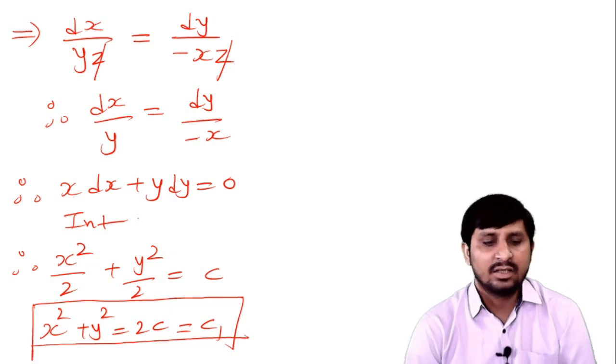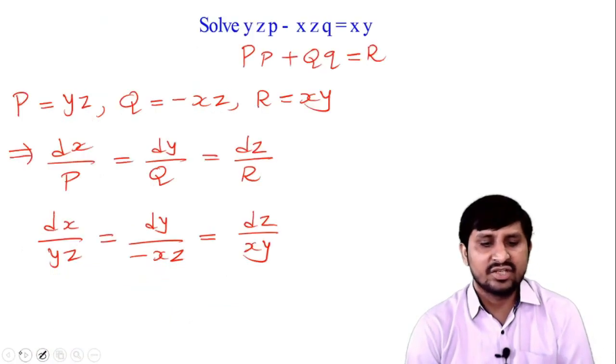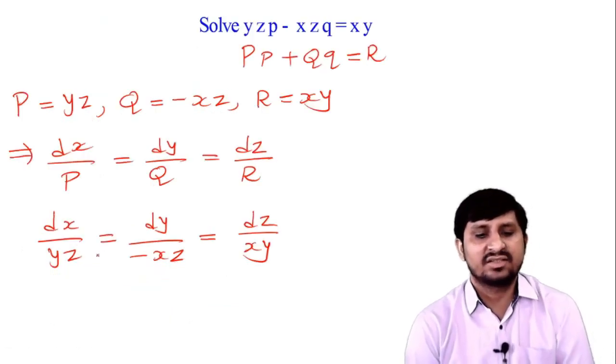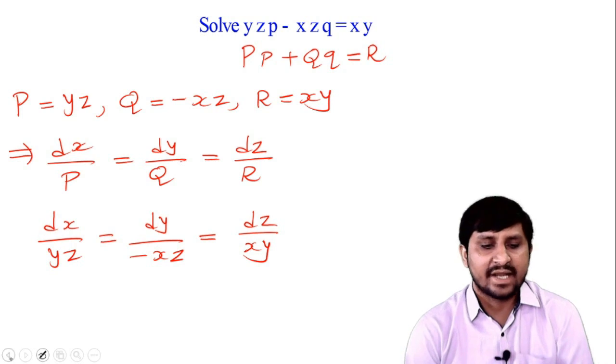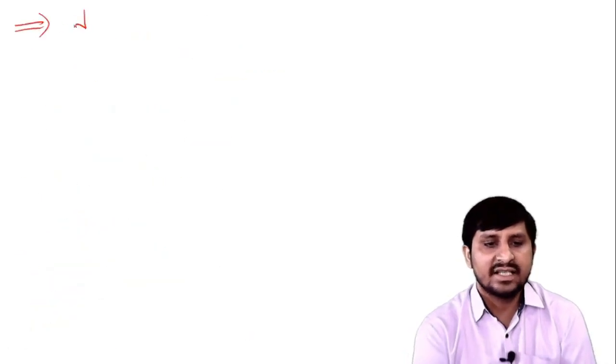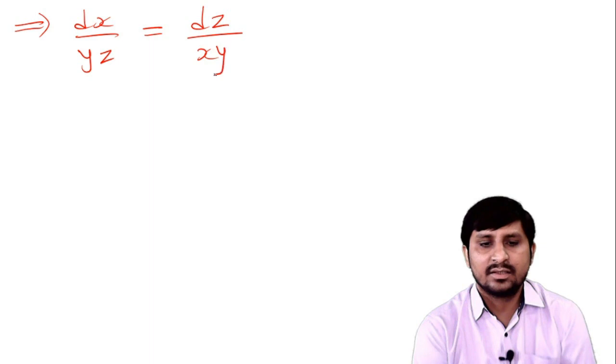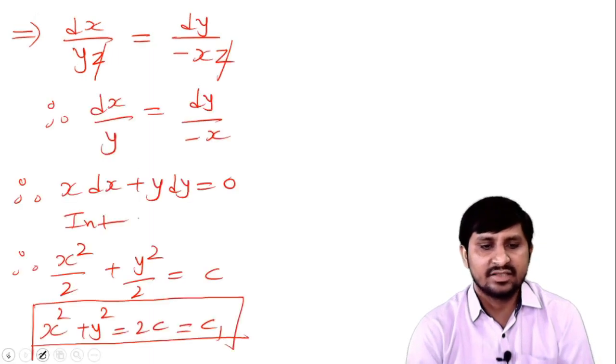Now what are my next two equations? I can compare the first and last. So dx upon yz is equal to dz upon xy. Correct? Let me show you.